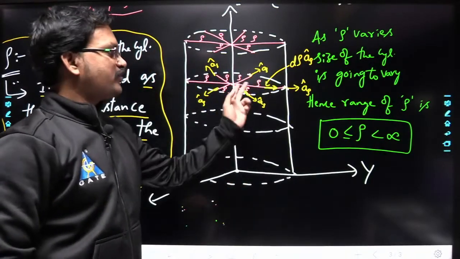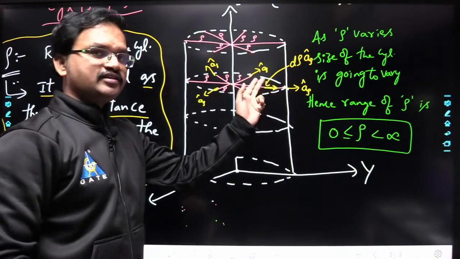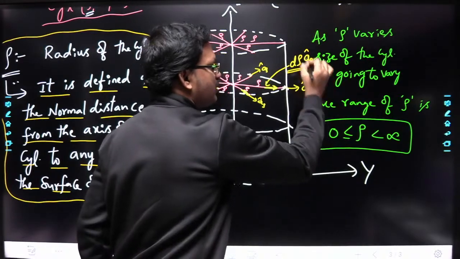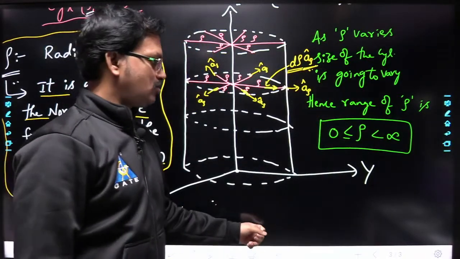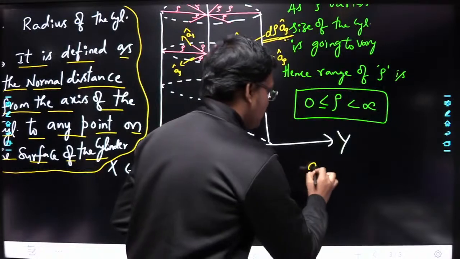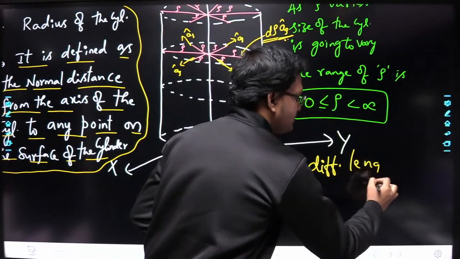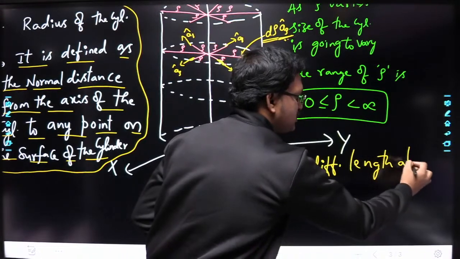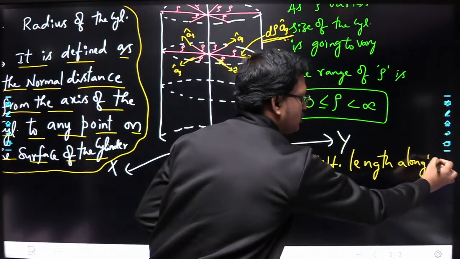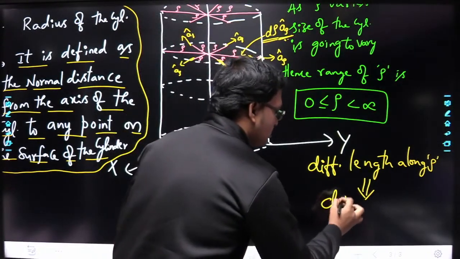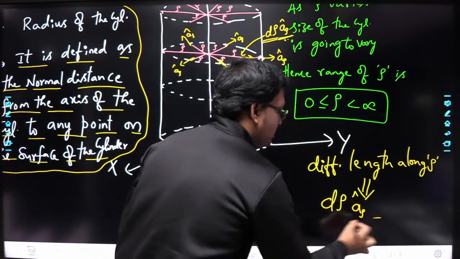So the differential length along rho is nothing but simply d rho a rho cap.